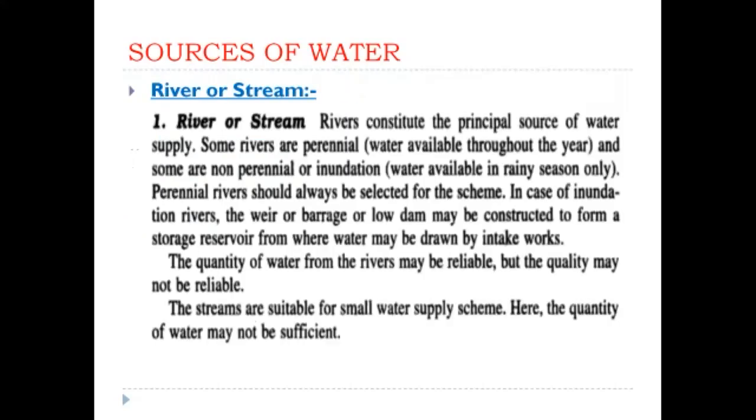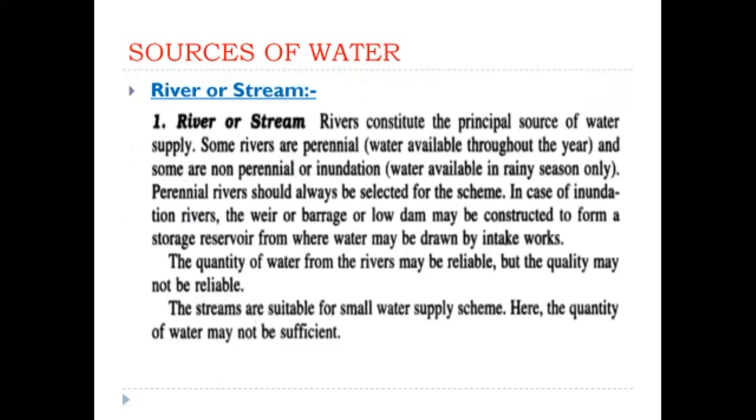Mainly rivers. Rivers and streams are surface sources of water. The principal source of water supply is a river. Some rivers are perennial, meaning water is available continuously throughout the year. These are perennial rivers, used for perennial irrigation.